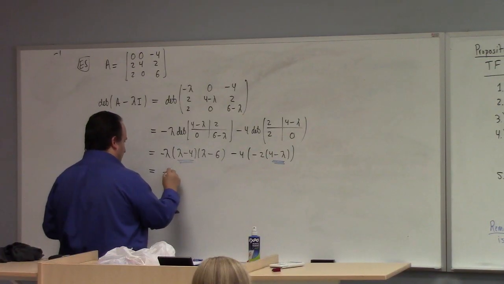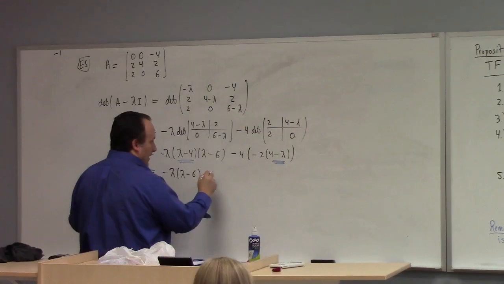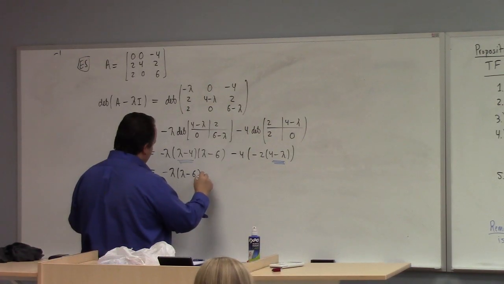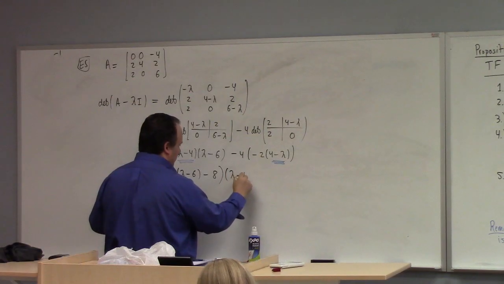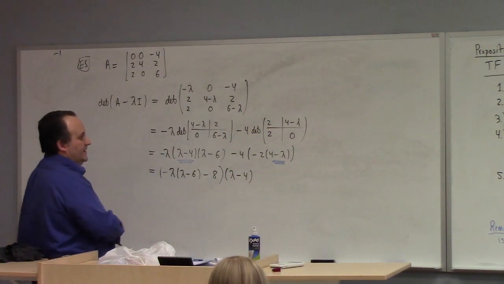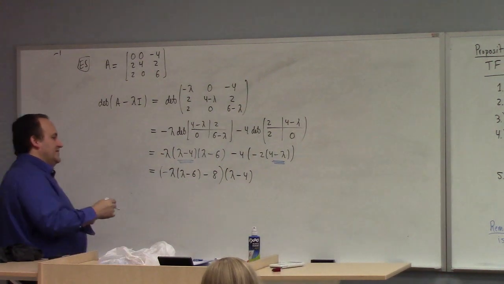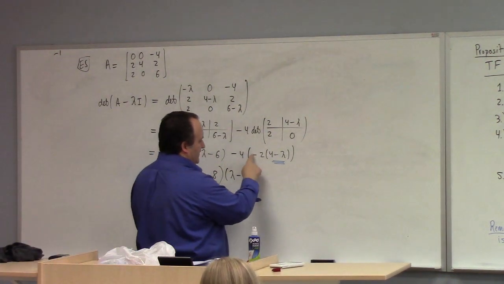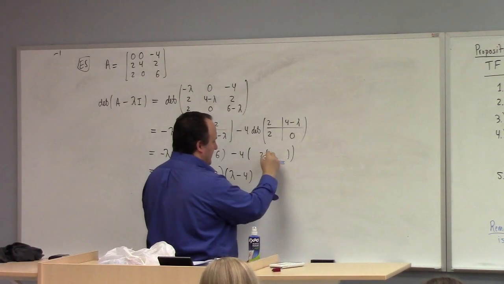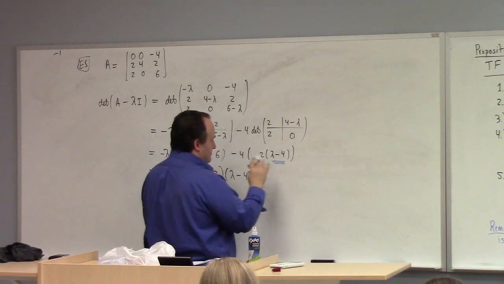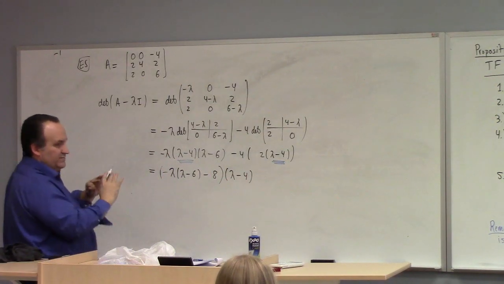This is minus lambda times lambda minus 6, minus 8 times lambda minus 4. I'm going to make an editorial adjustment up here and change that to a plus and a lambda minus 4, so it's easier for you guys to follow. I think that's probably better.